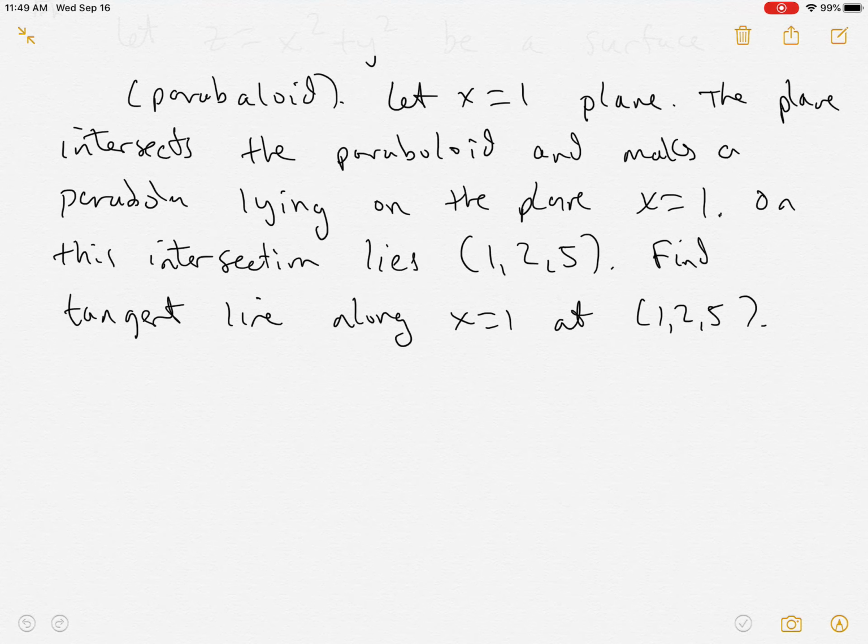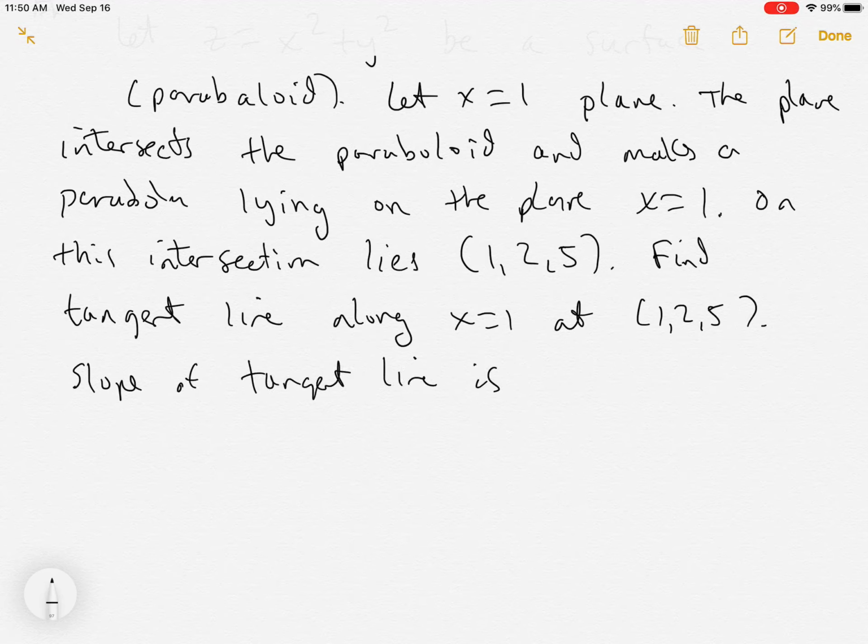Okay, so the key here is that the slope of the tangent line is dz/dy evaluated at (1, 2). Why? Because remember, x equals 1 is fixed. That's the fixed plane. So the derivative is moving in the y direction.